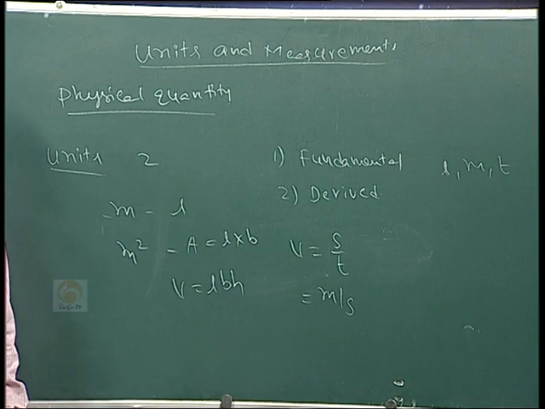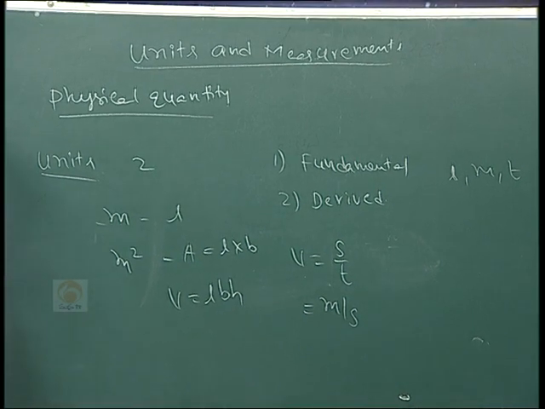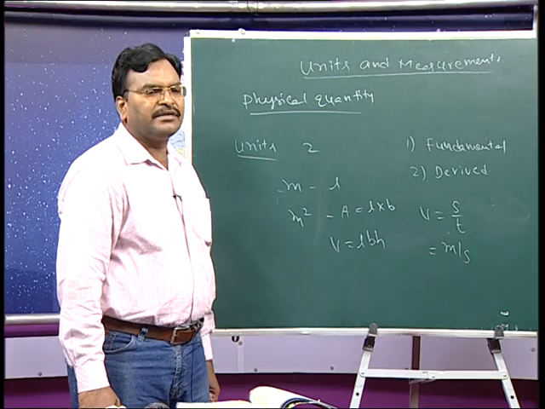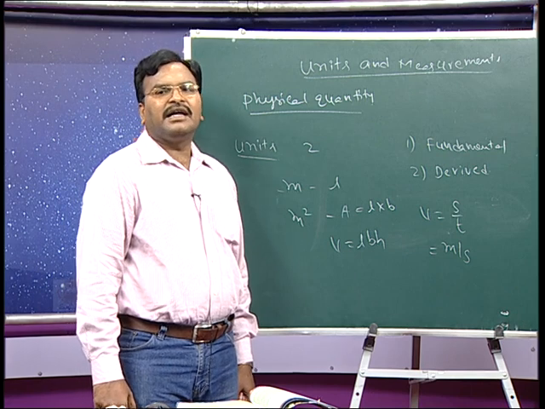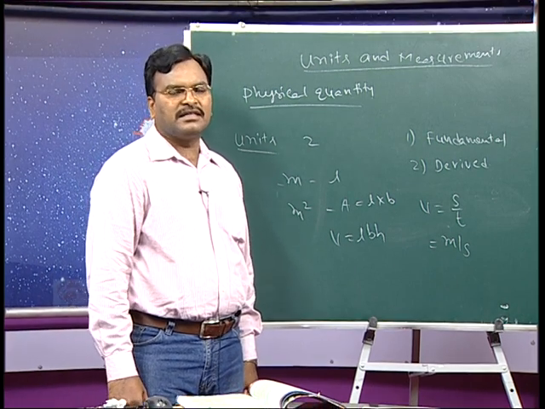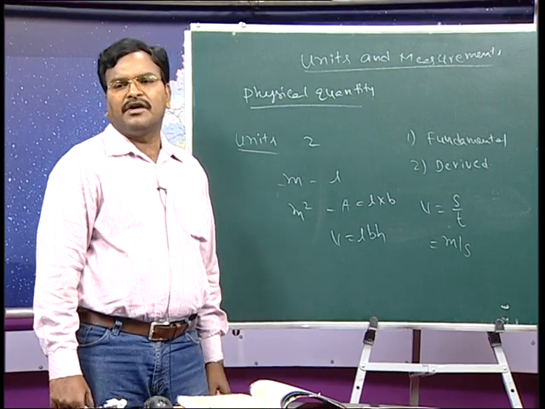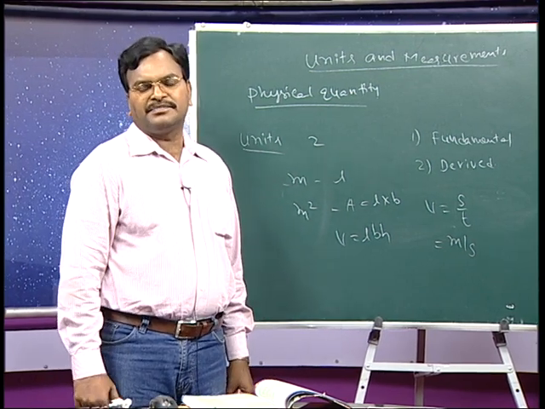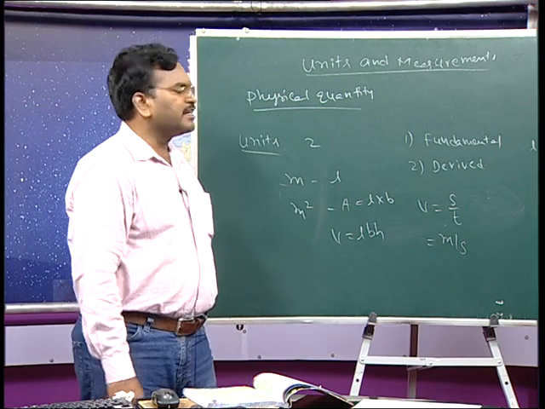Unit means standard quantity. To measure any physical quantity, a standard of the same quantity is essential. That standard quantity is called a unit. The unit value lies in international agreement.